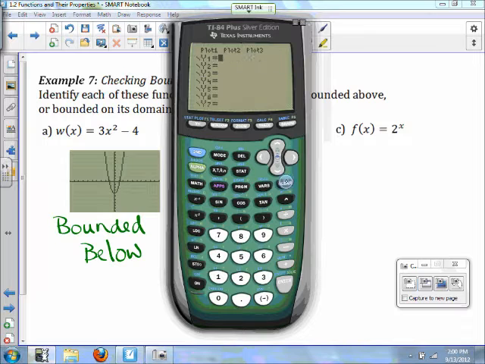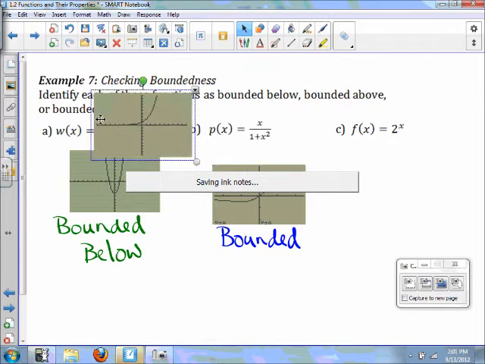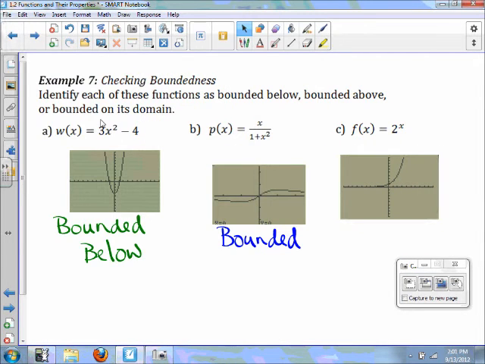Now we put our last one in here, 2 to the x power, one of our power functions. You'll be able to see that there is a boundary line that the left part of the graph is following. So this here will be bounded below.